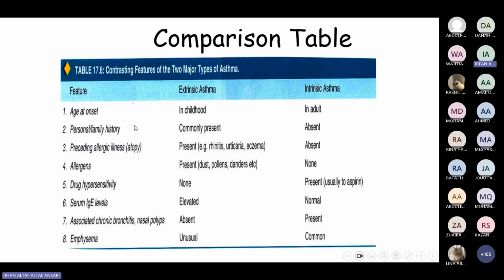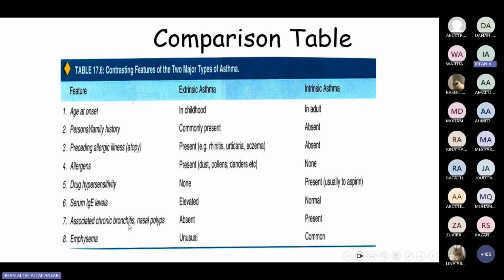If you have allergies, you will see allergens in extrinsic, but you will not see any allergens in intrinsic asthma. You will not have drug hypersensitivity in extrinsic asthma, but it is usually seen in intrinsic, especially to aspirin. IgE is very strongly related with extrinsic asthma, but the IgE level will be normal in intrinsic asthma.